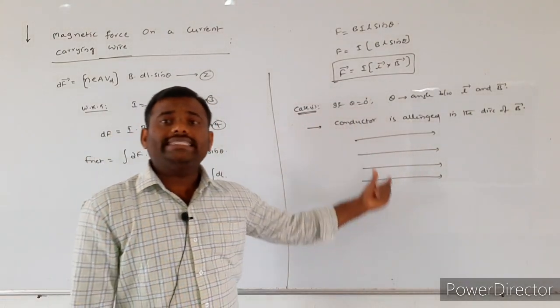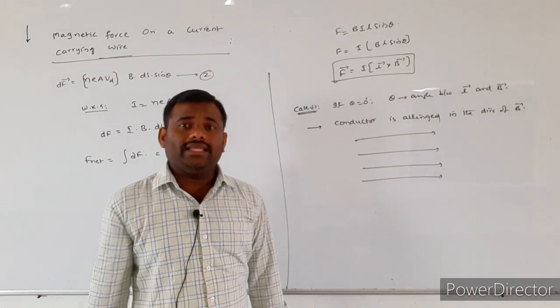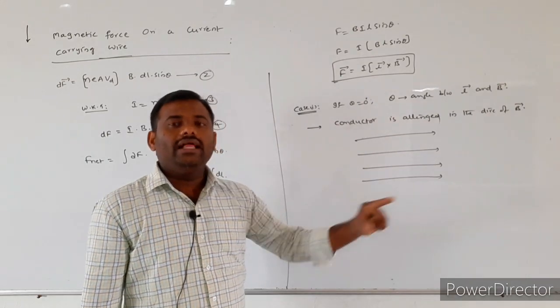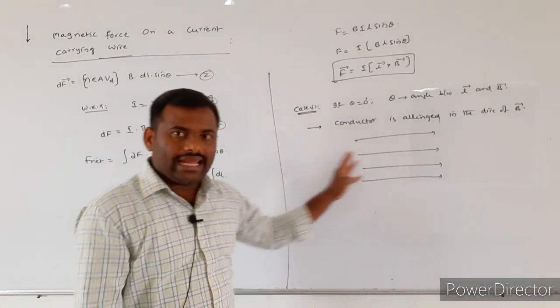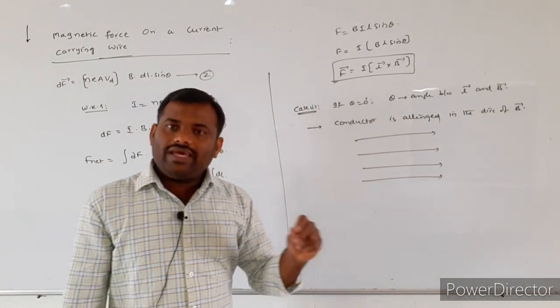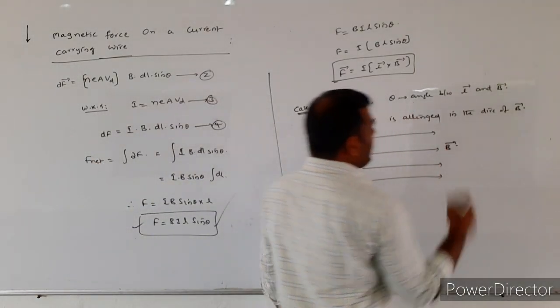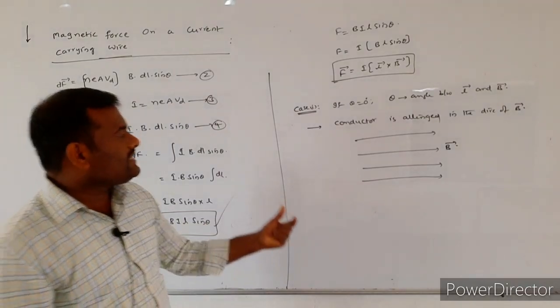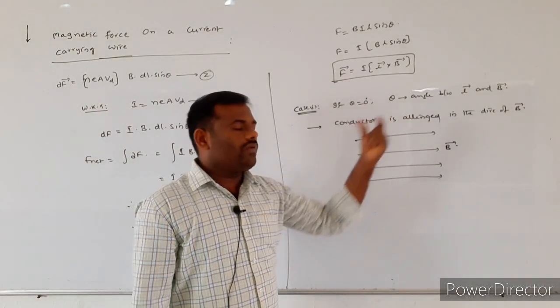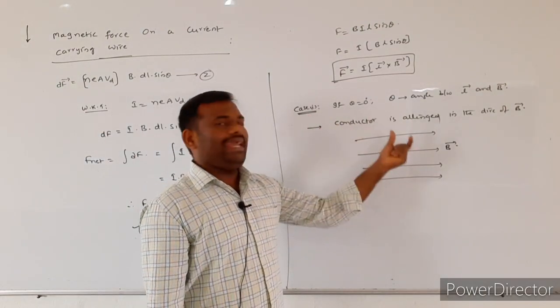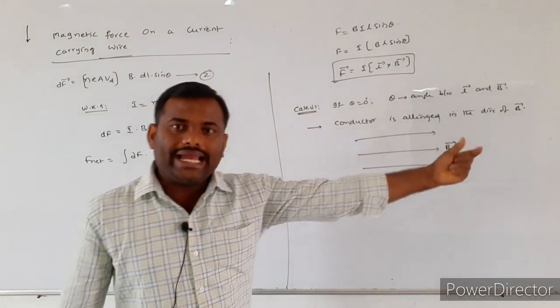We know the properties of the lines of force that we studied in the electric field: when you consider a uniform electric field, the lines of force will be straight lines and equispaced. So, this is the direction of the magnetic field. Whenever theta is equal to 0, the conductor should be aligned in the direction of the magnetic field.